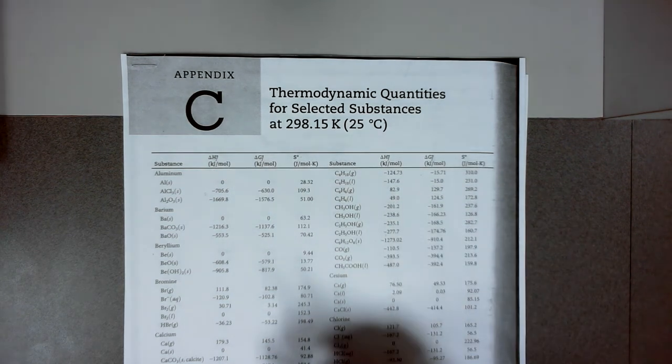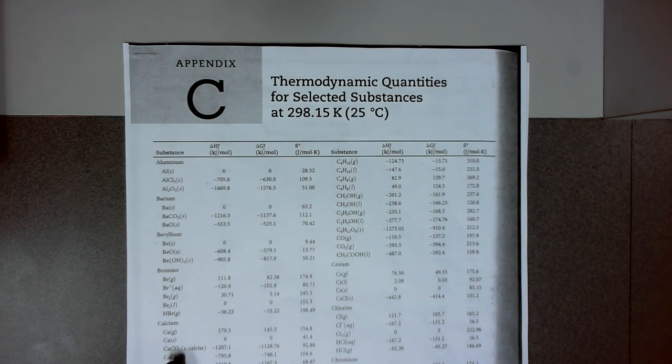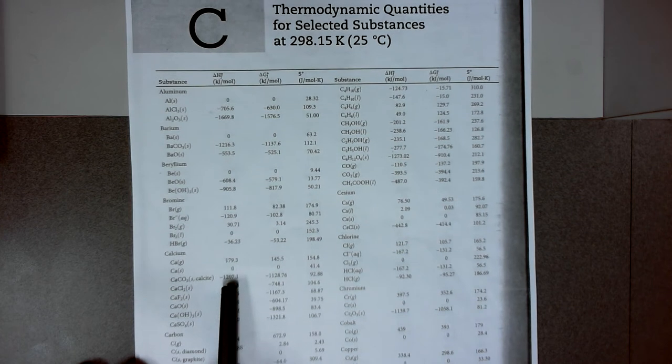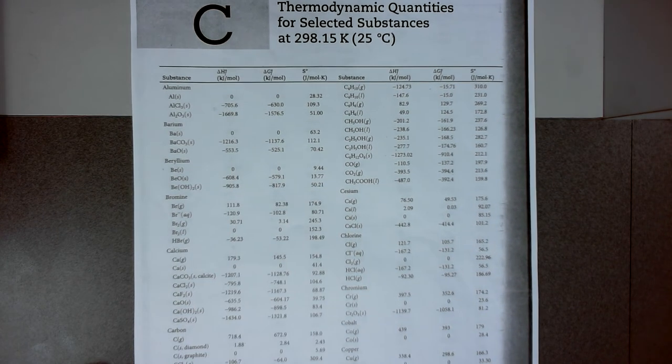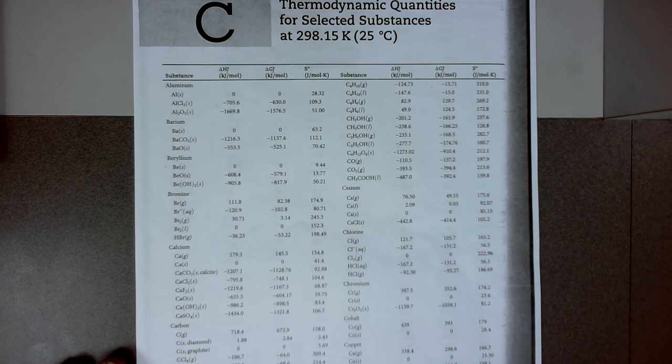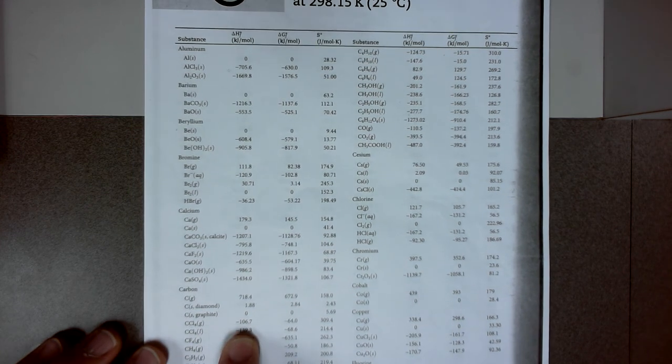So the energy involved in formation of, let's say, calcium carbonate is a negative 1,207.1 kilojoules per mole, or the energy involved in producing carbon tetrachloride gas would be a negative 106.7 kilojoules per mole.